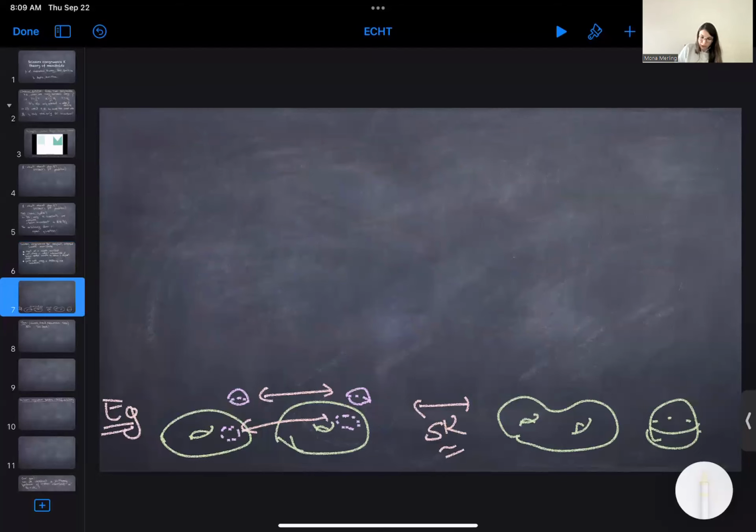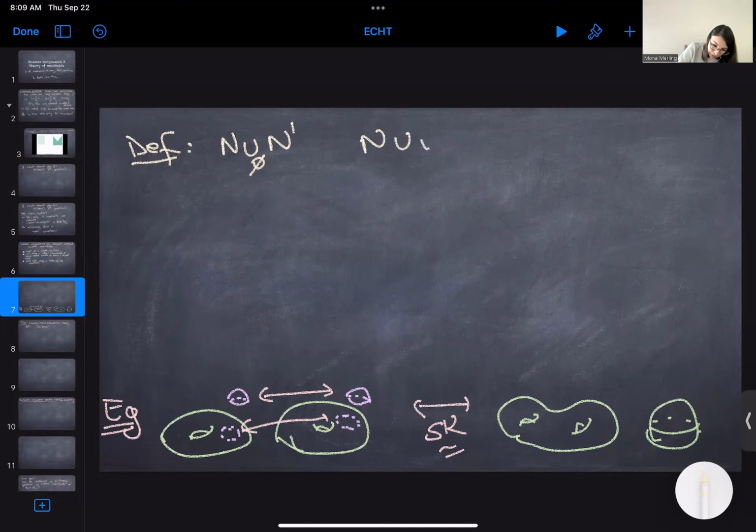I'm going to keep the picture of this SK equivalence on the bottom, and now we want to make the general definition. If I have some N and N prime that have the same boundary, and we glue the boundary along some diffeomorphism phi, or instead glue the boundary along some other diffeomorphism psi, these are what we call SK equivalent.